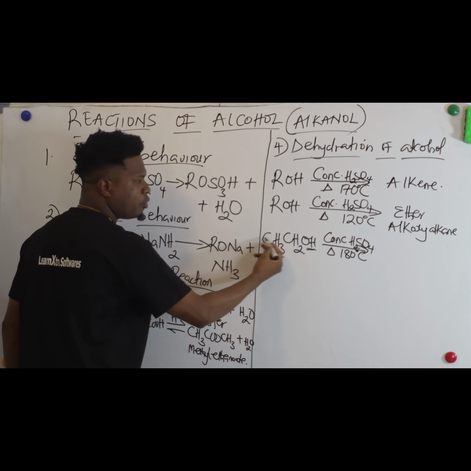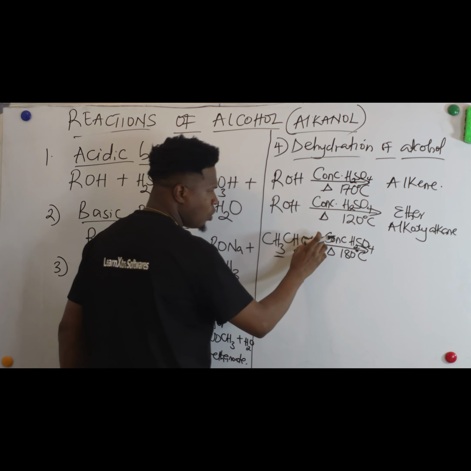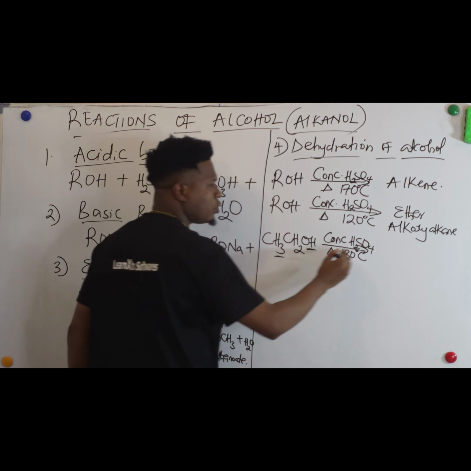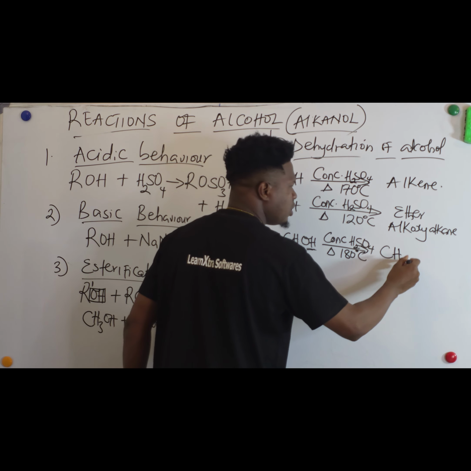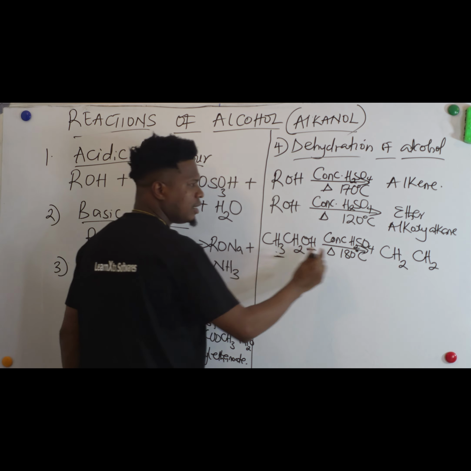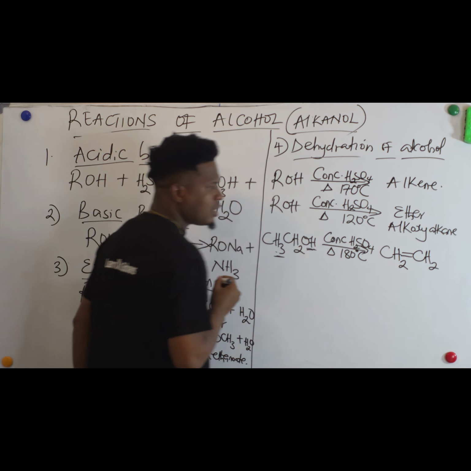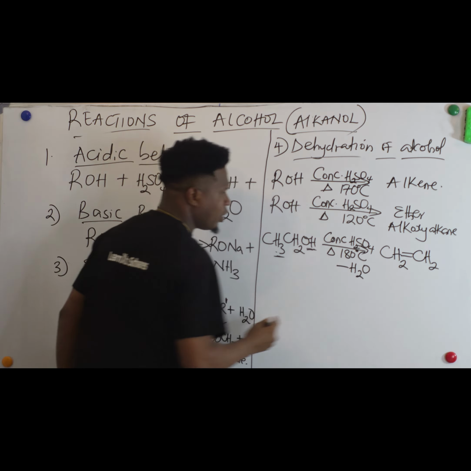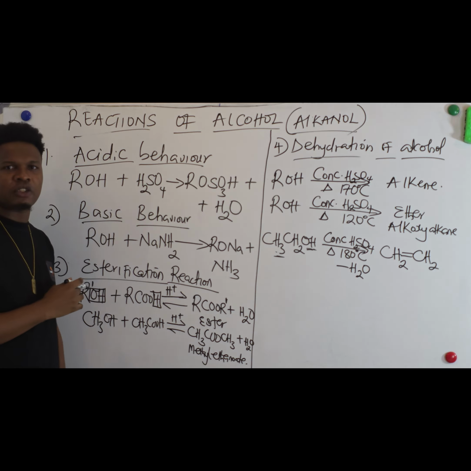So there will be a double bond between these two carbons. When you remove this OH and one H, what you are left with is CH2=CH2. Because you have removed OH and H, you insert a double bond in this place. So this reaction leads to the removal of a water molecule.